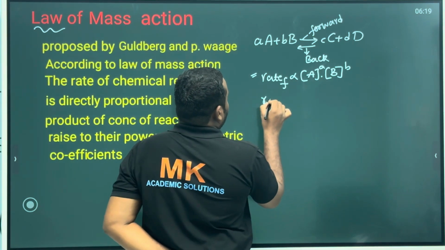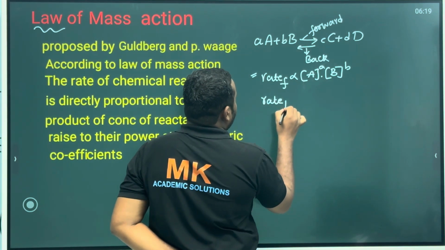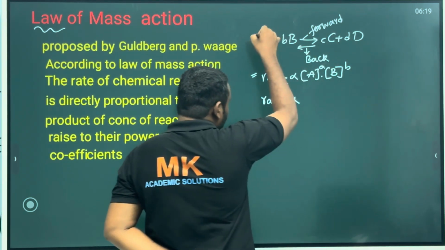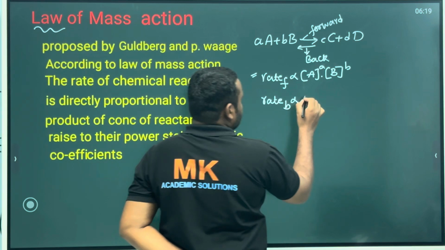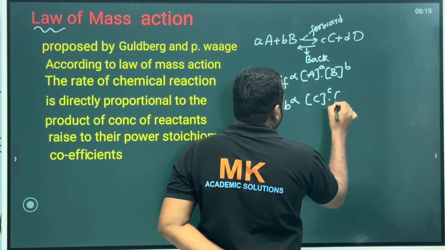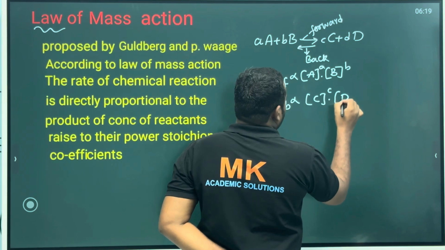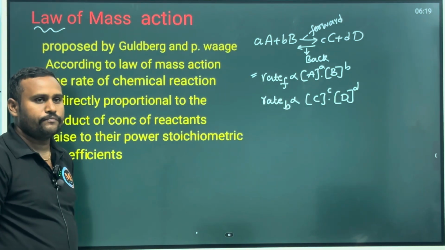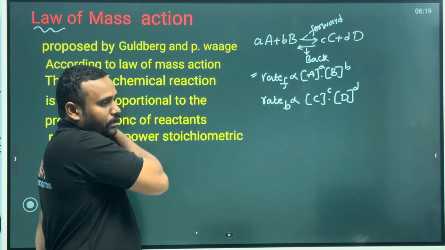In the same manner, the rate of the backward reaction is proportional to the concentration of C power c into the concentration of D power d, as the products now act as reactants.